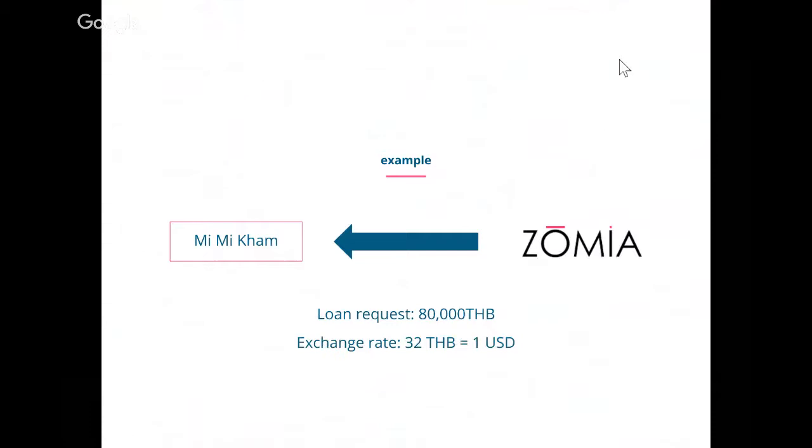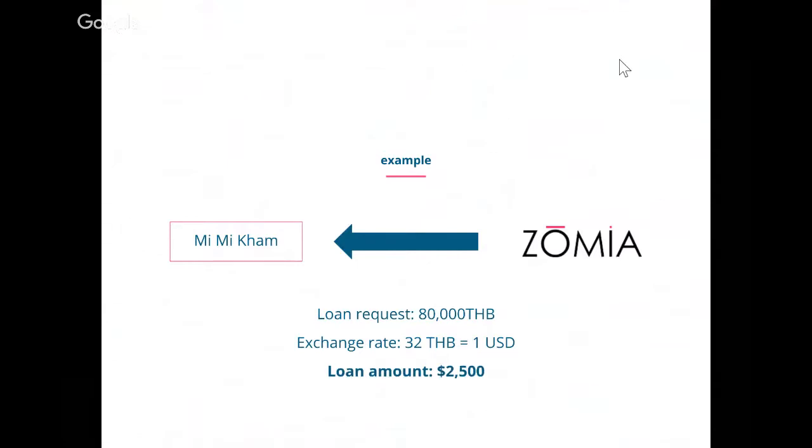The exchange rate on the day Mimi received the 80,000 Thai baht is 32 Thai baht to 1 US dollar. This means that it takes 32 Thai baht to buy 1 US dollar. And this means that on this day, the 80,000 Thai baht Mimi received had the same value as, can you guess?